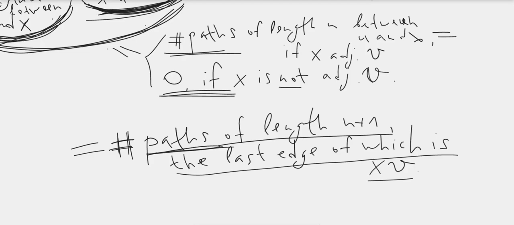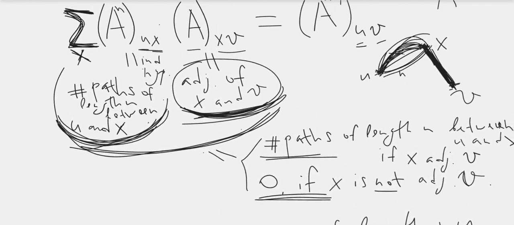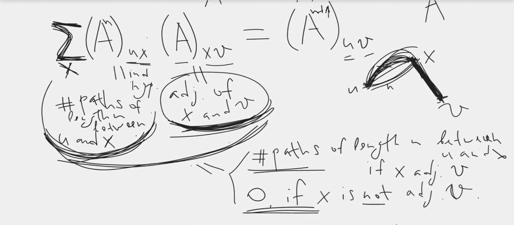Okay, and now we need to sum all of this. This was only one term for x, and now we have a sum over all vertices x.